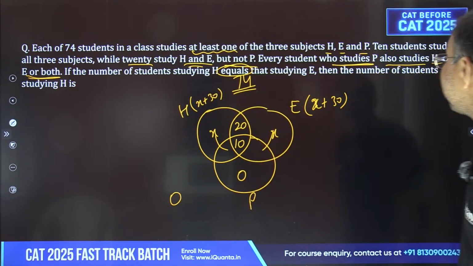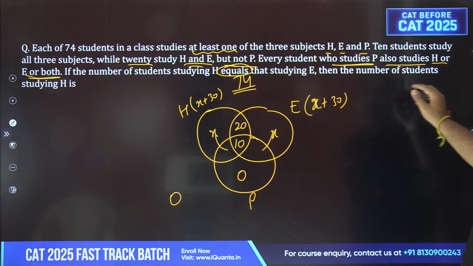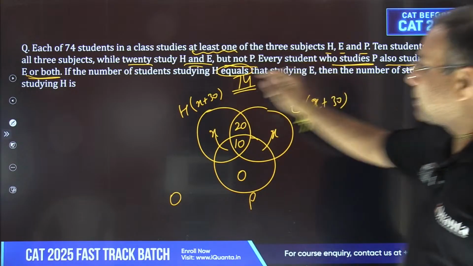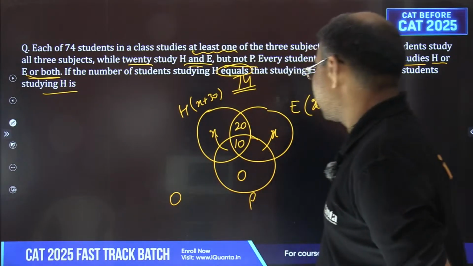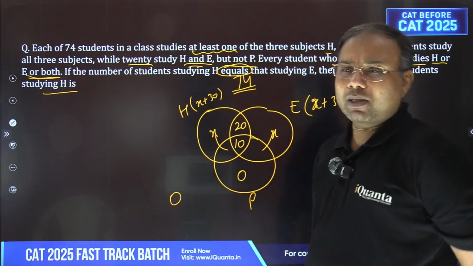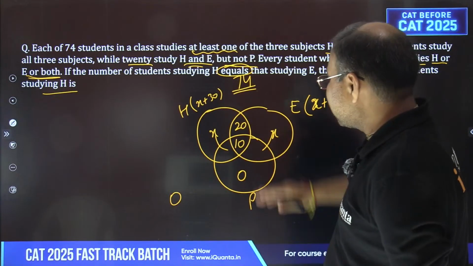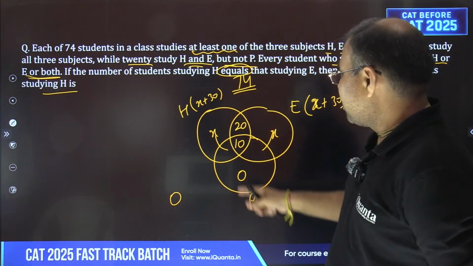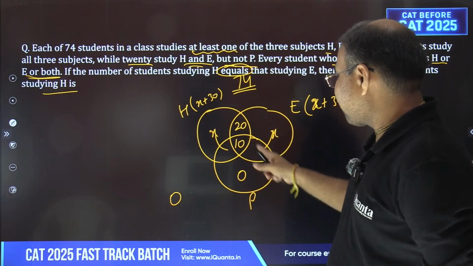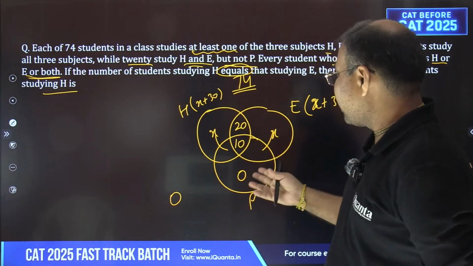What is the question, by the way? It says then the number of students studying H is. So basically I need to find X plus 30. We know this entire sum is 74, and this is 0 only, this is 0 only.